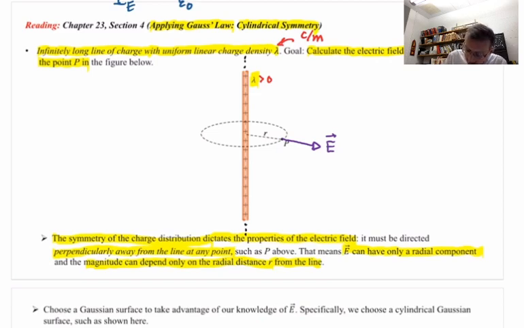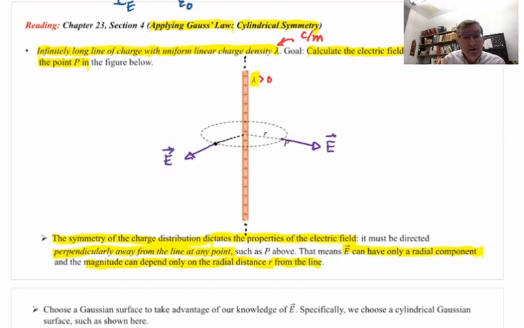Now what that means is that if I were to pick a different point on this same dashed circle, how about over here? There's a new point over there. What can I say about the electric field vector there, magnitude and direction? Well, the direction would have to point radially away from the line at this location, which would be roughly like that, yes?